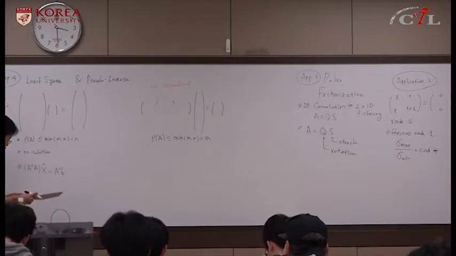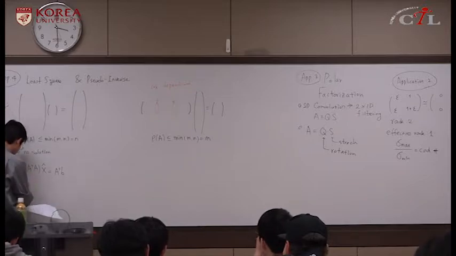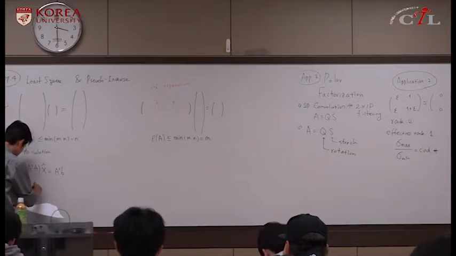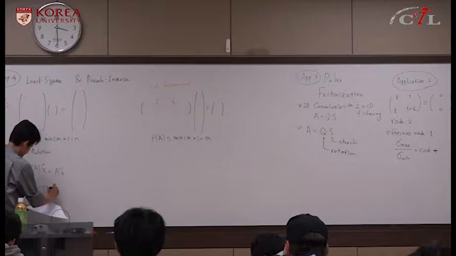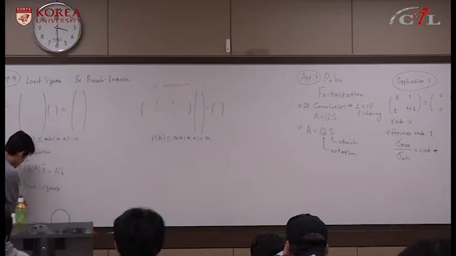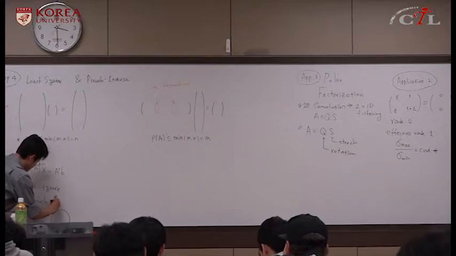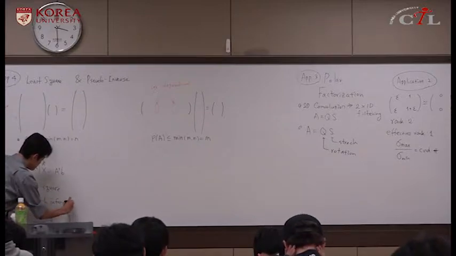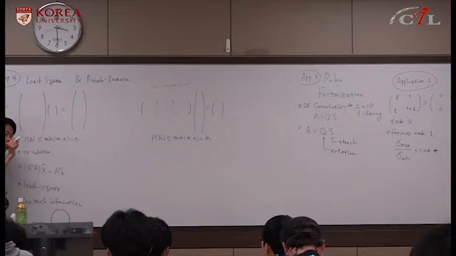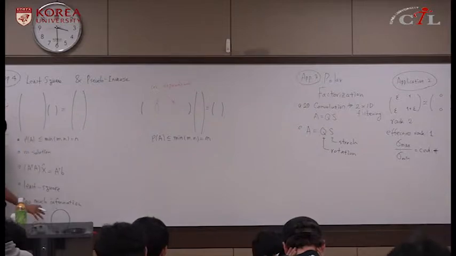So we do the least square. Here, the information is too much, so we need to select one of the optimal solutions. That's what we did in the least square.